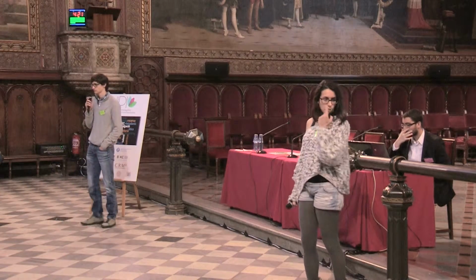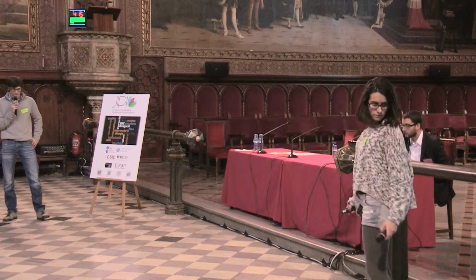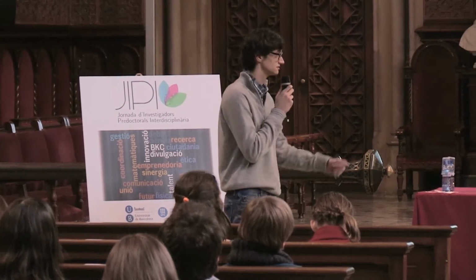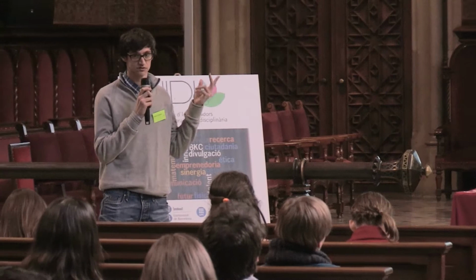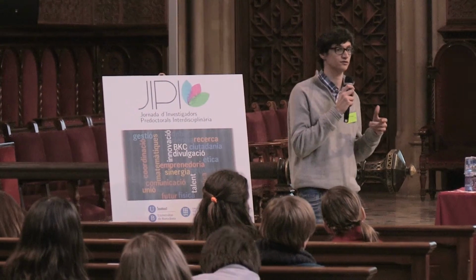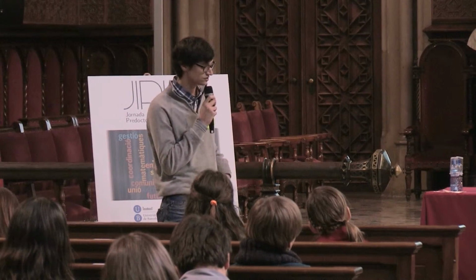Coming back to one dimension, here we have, as Alba has said, the finite element method not always giving a good solution. As we can see in the next slide, this is an unstable solution. Alba and I work on stabilized methods to remove these instabilities. What are stabilized methods? It consists of modifying the method using some numerical tools in order to remove these oscillations.